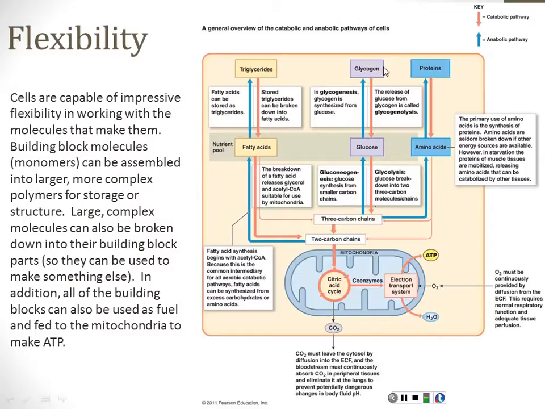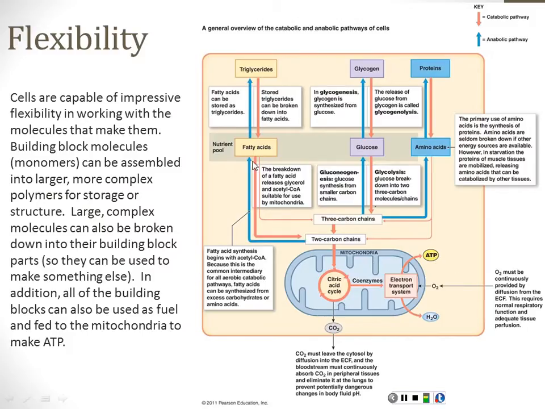This top column, these are structural. In other words, cells are made of this stuff. This is what comes into cells that cells use to make themselves and repair themselves. The whole bottom of this is that we can take these nutrients and feed them down into the mitochondria to produce ATP, as long as we have oxygen.